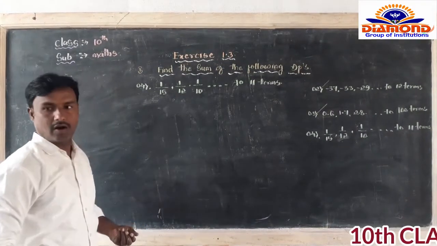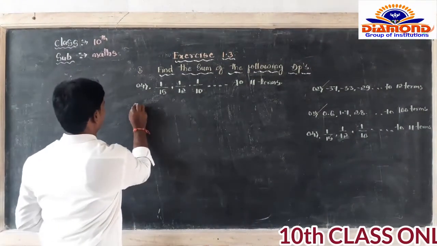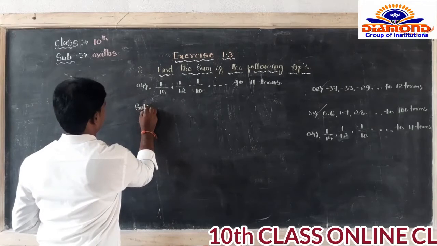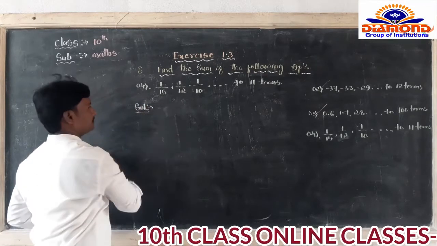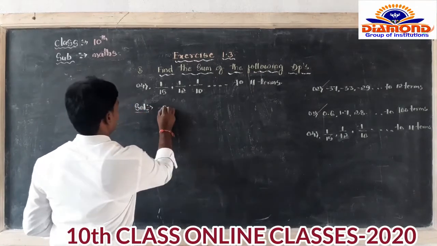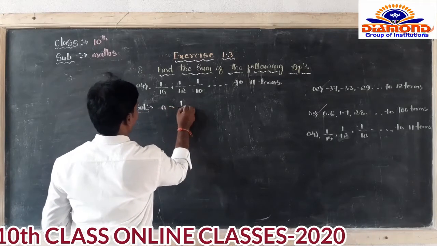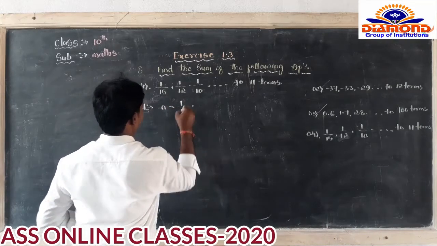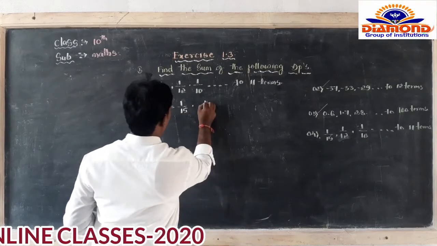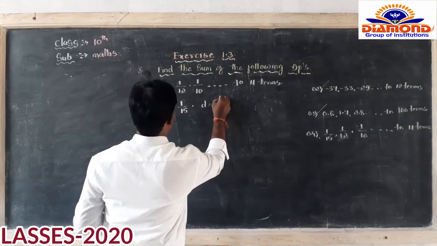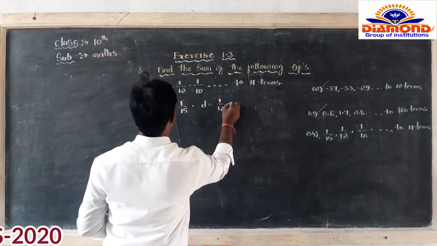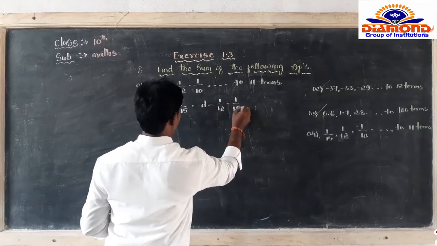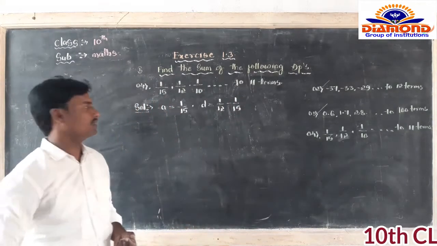Now you take all the values here. First, a is equal to 1 upon 15 and the next, common difference is equal to 1 upon 12 minus 1 upon 15. Understanding? Look at the board, dear students, very easy.